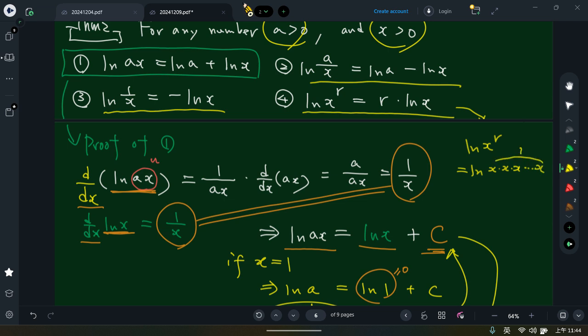Totally, we have r x's here. So we can just apply rule 1 to decompose it, and finally we can see the result. So that's why I do not prove the rest 3 ones, because you can do it by yourself very easily.